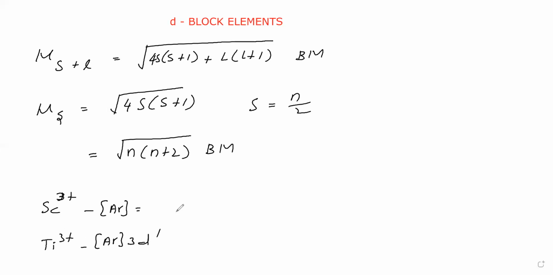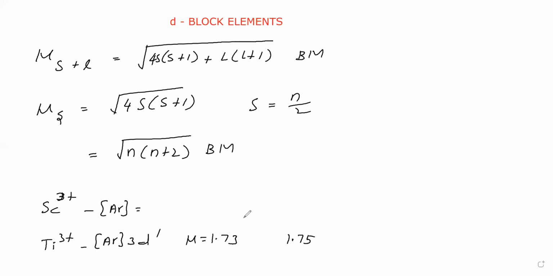Substituting here, we get magnetic moment 1.73. It is the calculated value. Experimental value is 1.75. So calculated and experimental values coincide. That means this formula we can use, which means orbital contribution is negligible and spin contribution is considerable.